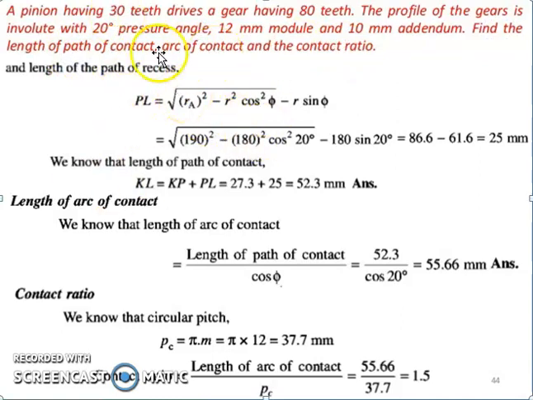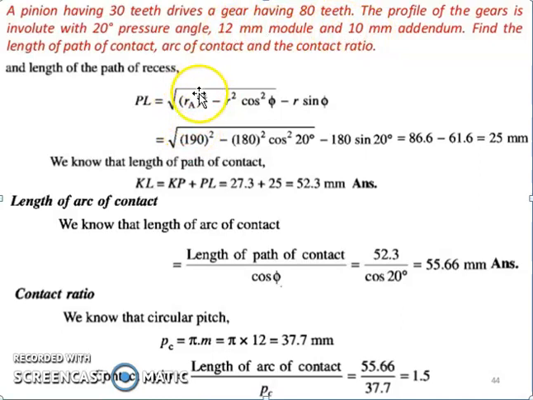Before going to write, I skipped some steps. You can go with formula number 1, 2, that is you can calculate R, capital RA, small RA, capital T value, small t value, M value, because everything is given. Capital T is 80, small t is 30, pressure angle is 20, module M is 12 and addendum is 10 mm.